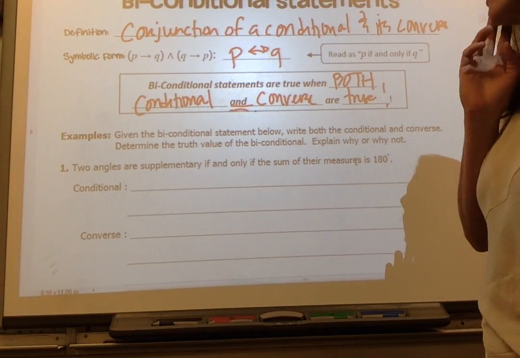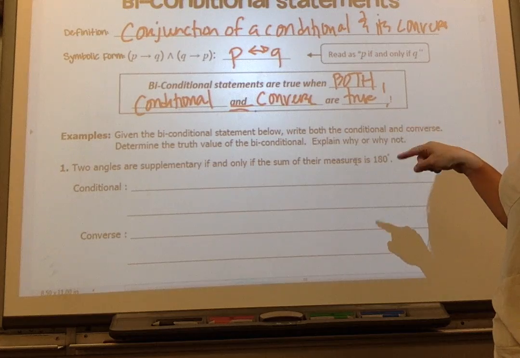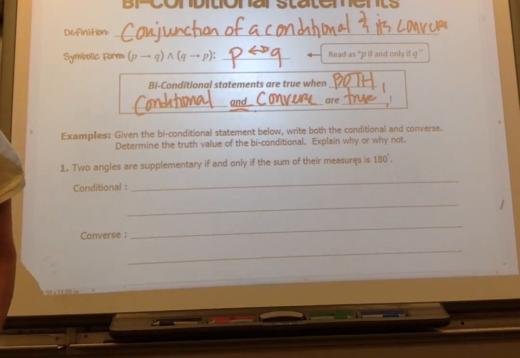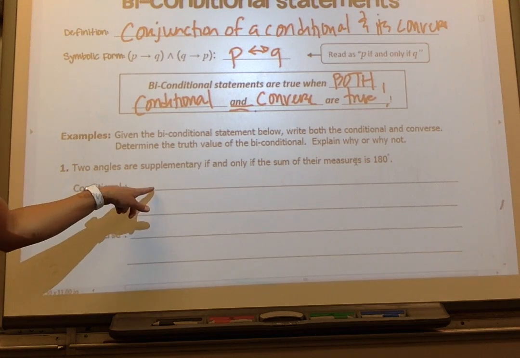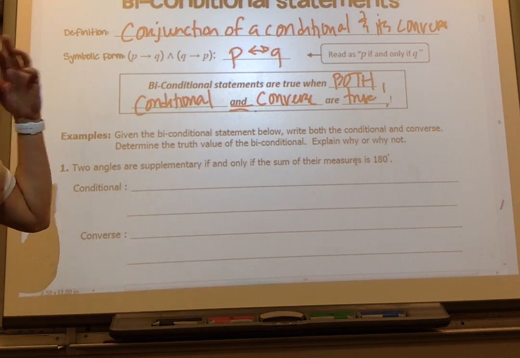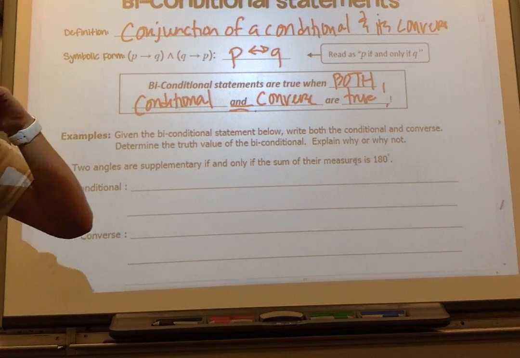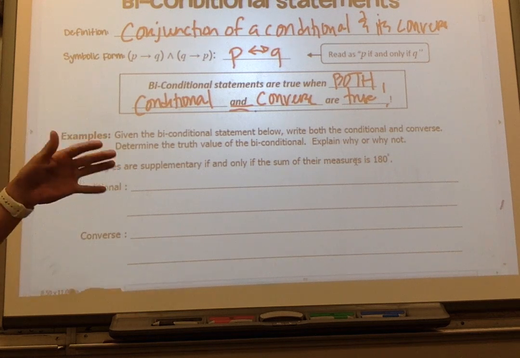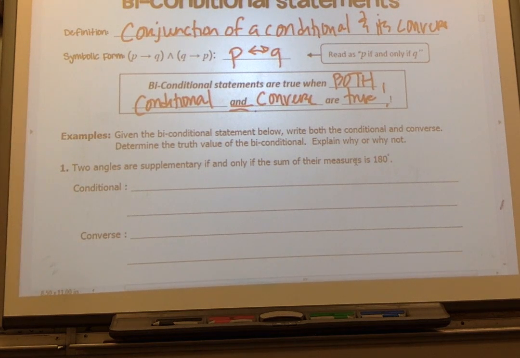So number 1, two angles are supplementary if and only if the sum of their measures is 180. So your conditional statement here would be, if two angles are supplementary, then the sum of their measures is 180 degrees. The converse would be, if the sum of the two angles' measures is 180, then they are supplementary.